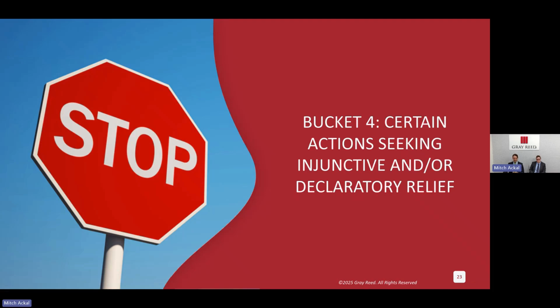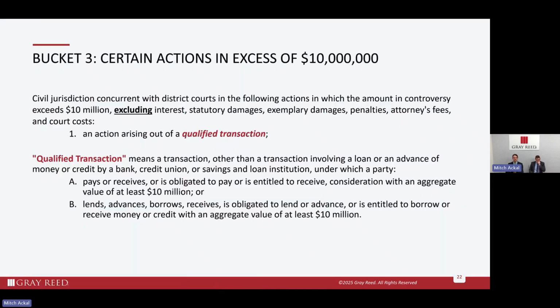What is interesting about this is there are going to be situations where we're going to see contracts that by definition are qualified transactions because there will be consideration going either or both ways in excess of 10 million, but your damages under that contract may not be 10 million. So remember, you have a 10 million damages floor, but then you also have to satisfy the definition of qualified transaction.